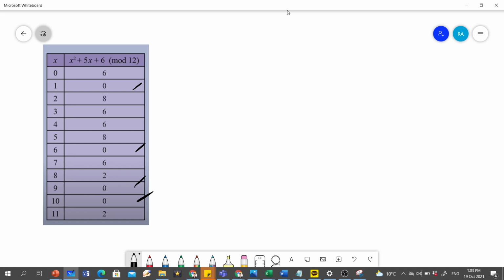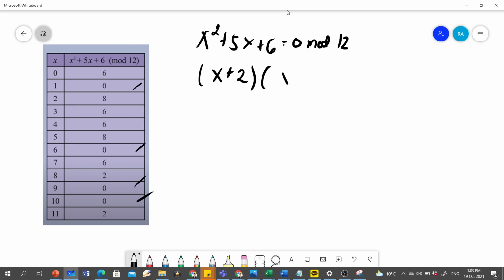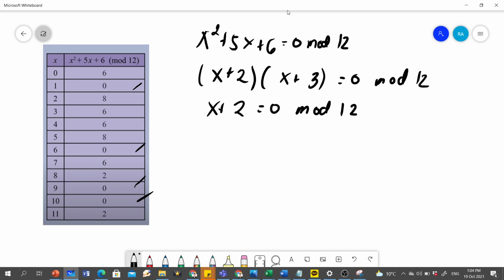But in factoring, again, if we're going to recall, x squared plus 5x plus 6 equals 0, let's say mod 12, so the factors will become x plus 2 times x plus 3 equals 0 mod 12. So the term will become what? X plus 2 equals 0 mod 12.